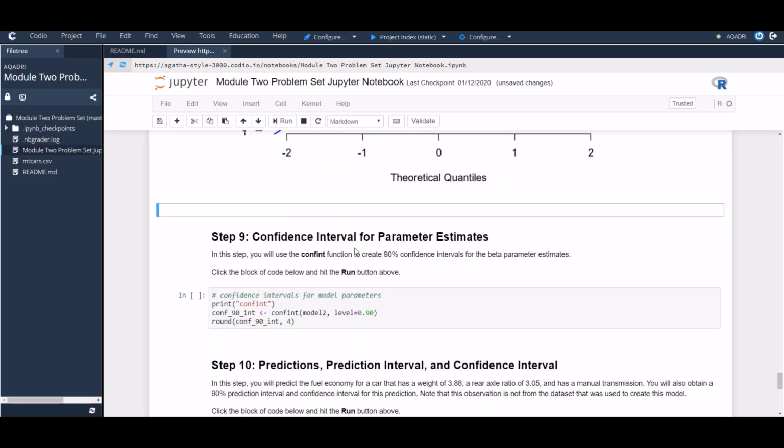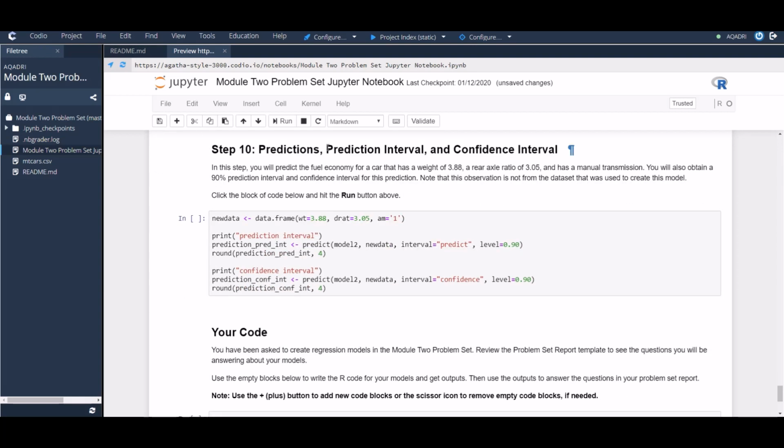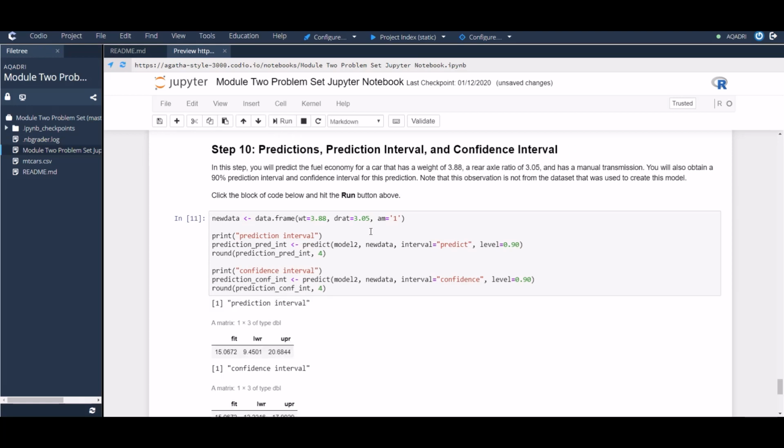And we go create our confidence intervals in step 9. These are for the parameter estimates, the estimated coefficients for your predictors. So this is the 90% confidence interval. And then you have your prediction intervals as well as the confidence intervals. So we're using this. Remember to always read the guidelines here.